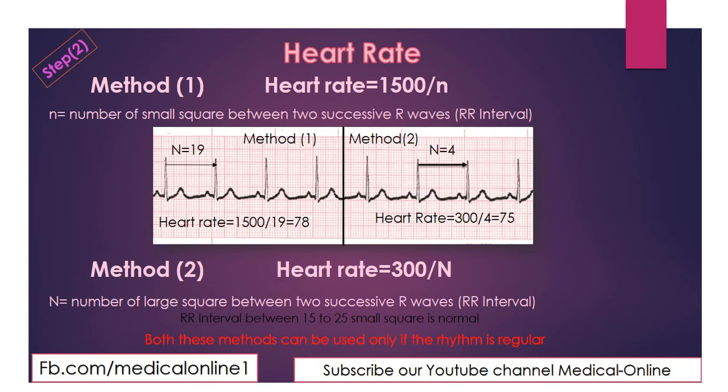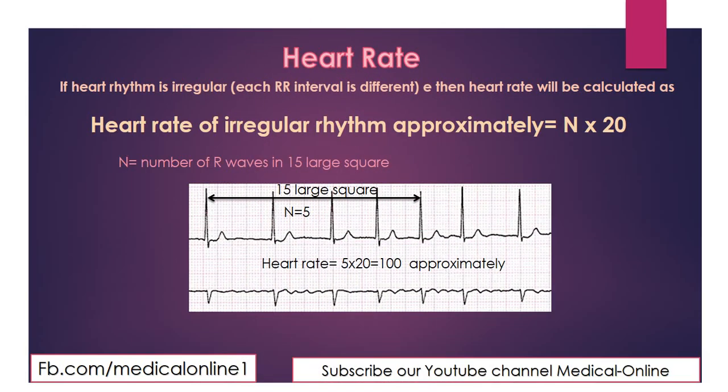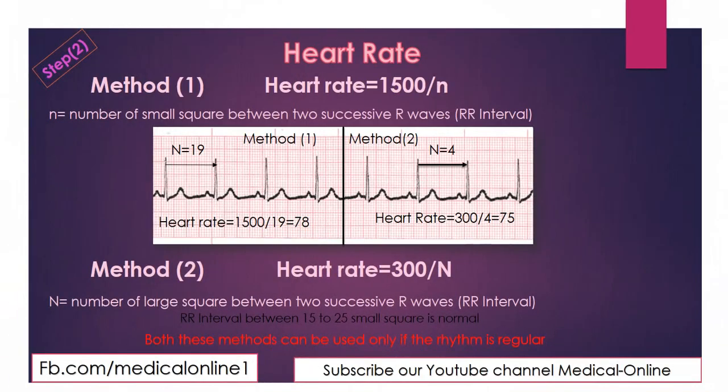In the other method, heart rate is equal to 300 divided by large N. What does N represent?